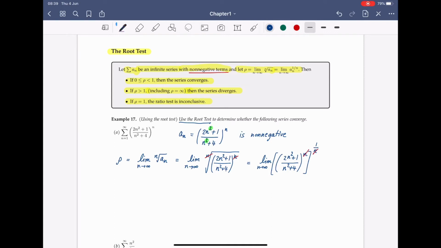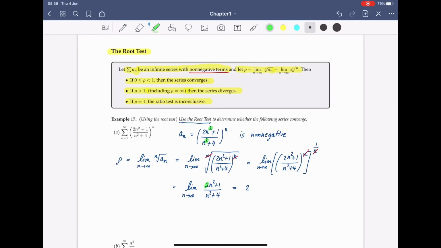And then what you have left is just the limit of (2n squared plus 1) over (n squared plus 4). And this thing is just 2, right? Because when you compute the limit of a polynomial over a polynomial with the same degree, you can just take the ratio of the coefficients.